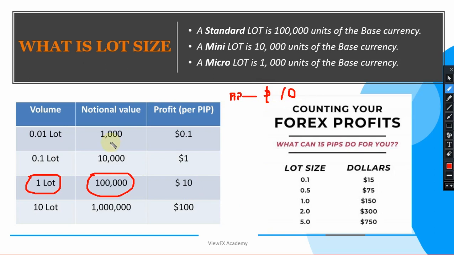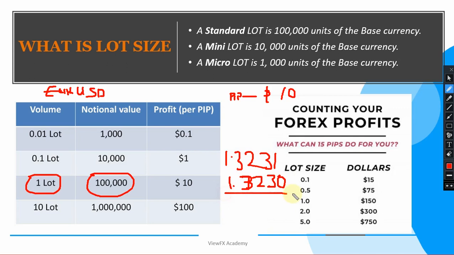For example, if Euro USD moves from 1.3230 up to 1.3231, how many pips is this movement?